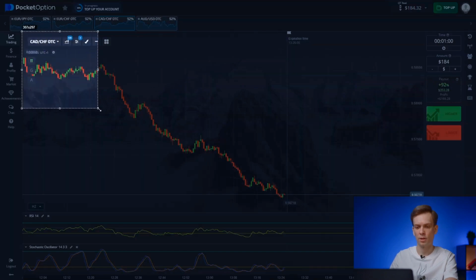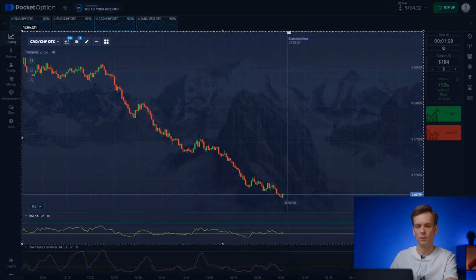Looking at the chart here, I can see that I only need to draw one line here. Let's do that now. Like that. This marks the support level that the chart just broke through.